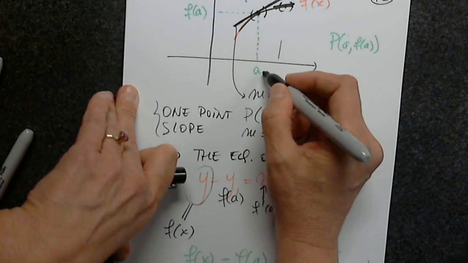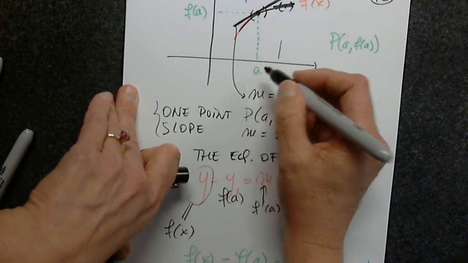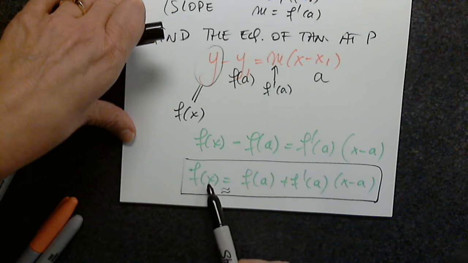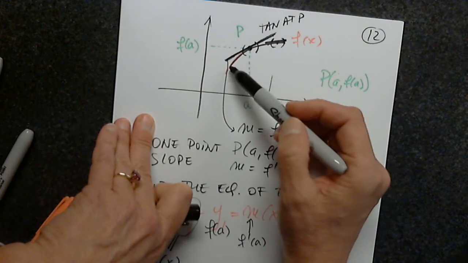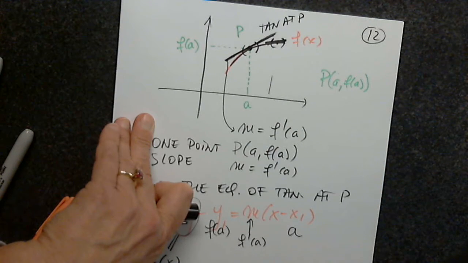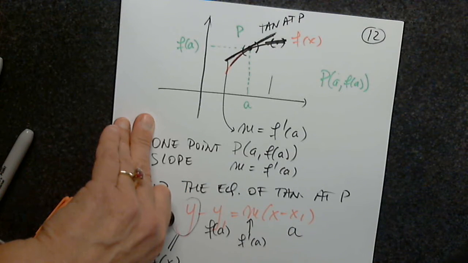So if A is 5, and I use this line to find f of 5.1, or I use the function itself to find f of 5.1, it does not have a huge impact.